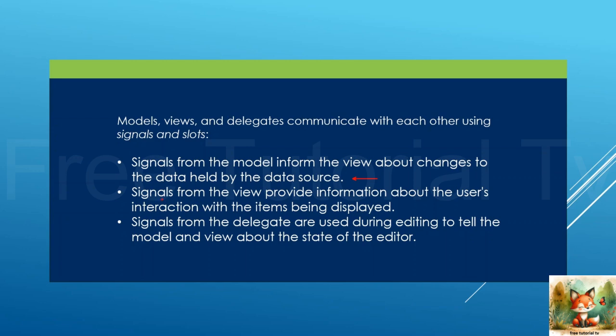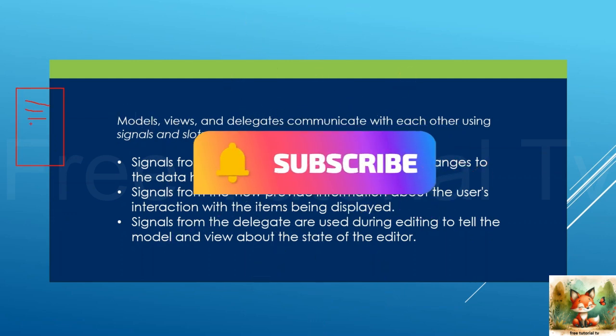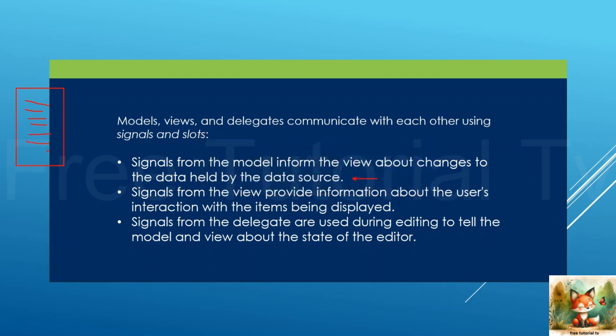That's really the idea here. Signals from the view provide information about the user's interaction with the items being displayed. So if, for example, you have a list of items and you start selecting, clicking around and doing things, if you do something that should affect your model, the view is going to emit signals that the model could respond to if it wanted.